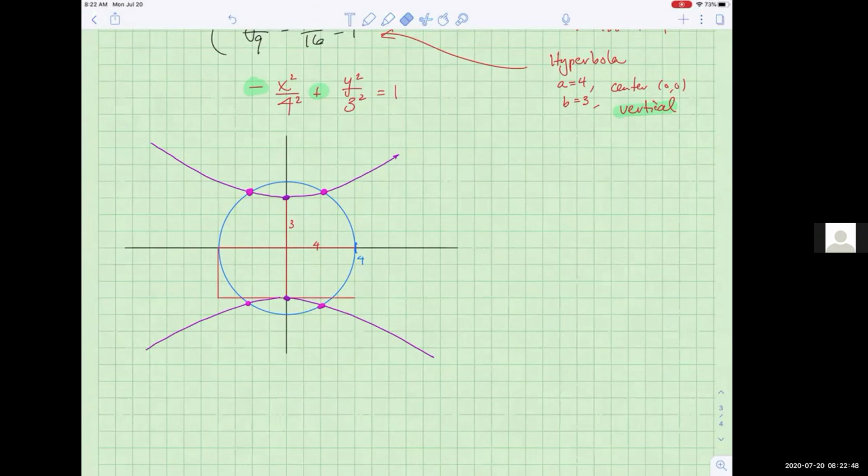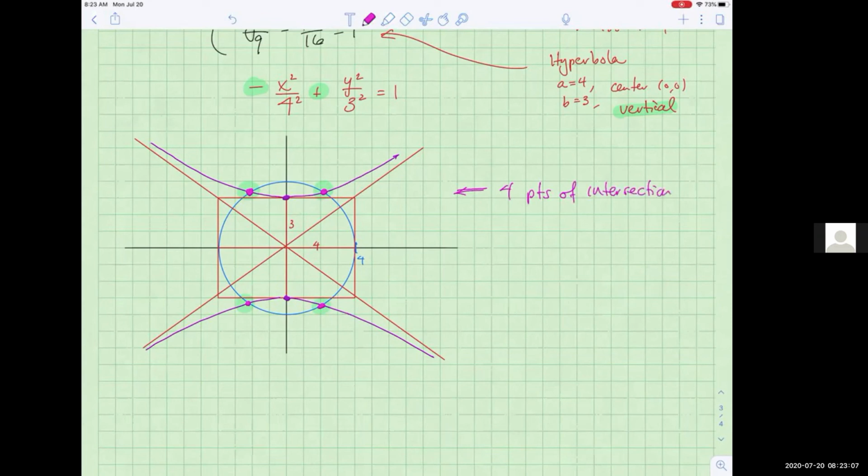I'll put those construction lines back in here. So it looks like we have 4 points of intersection, i.e. 4 solutions to this system. But just from my graph, I couldn't really tell you where those are.